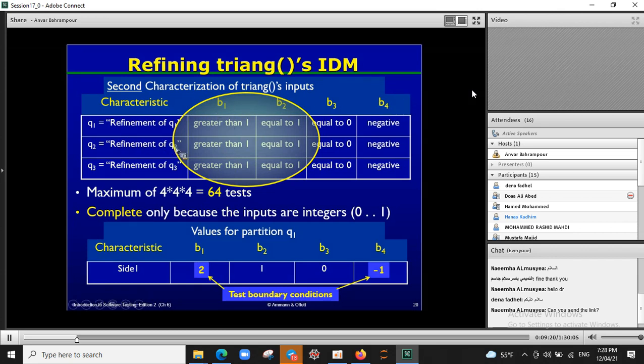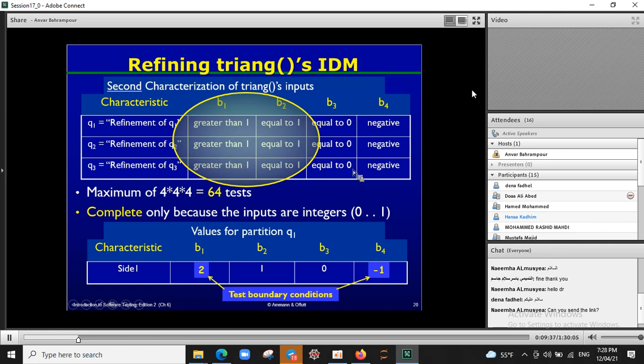Okay, so we have 4 blocks for the first side. Again, this is the same for the second side of the triangle and third side of the triangle.